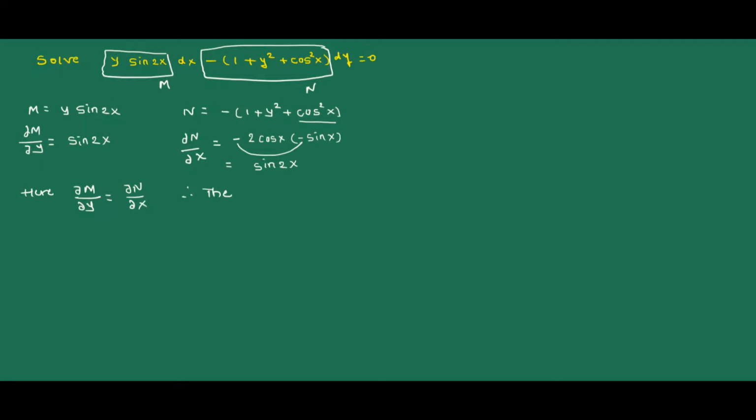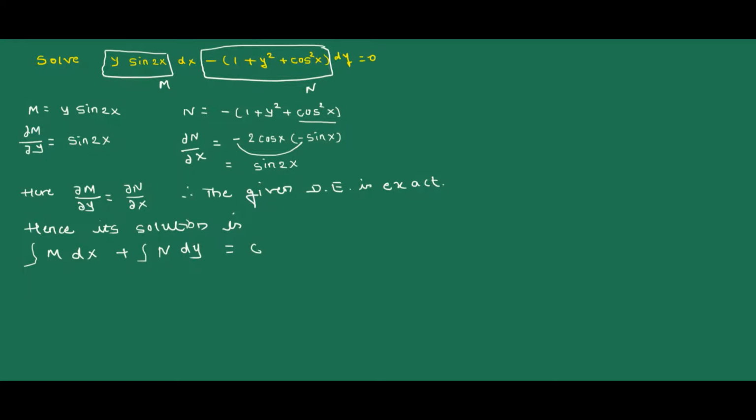Therefore the given differential equation, DE, is exact, and hence its solution is integration of M dx plus integration of N dy is equal to constant, where in the first one y is constant and in the second one, terms free from x.